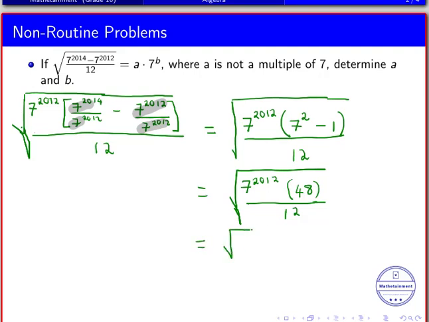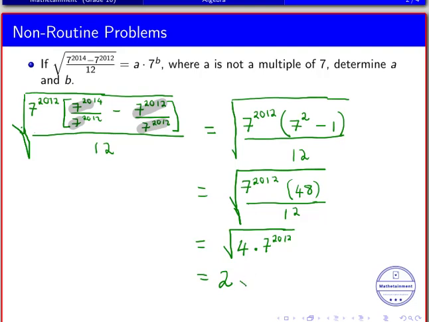So we have the square root of 48 divided by 12, which is 4, multiplied by 7 to exponent 2012. And 4 has a precise square root, and the square root of 4 is 2.